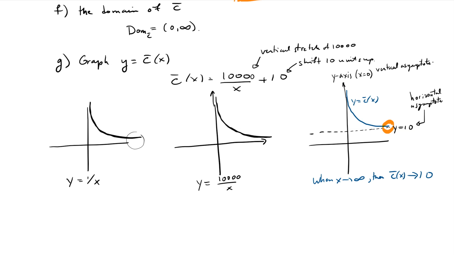So those are the features we're going to see for our rational functions. Sometimes in the end, when x goes to plus or minus infinity, they tend to get close to a horizontal line, so you've got a horizontal asymptote. But for some x values, the function also tends to go towards infinity as they get close to those x values, and those are called vertical asymptotes.